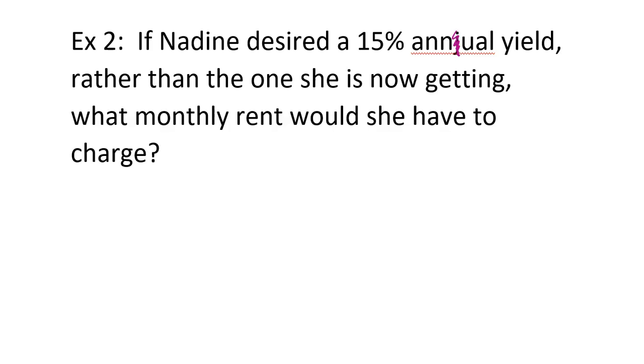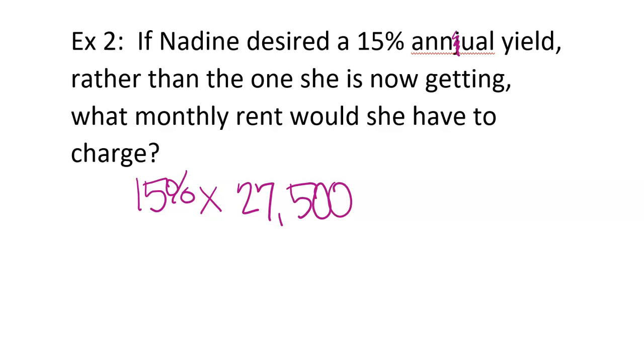So first we need to see what that desired amount is. So 15% times the amount of money that she has put into it so far, which is that down payment amount. So that would be $4,125.